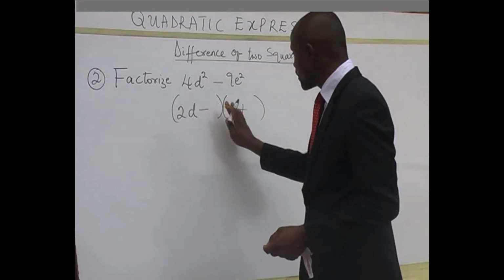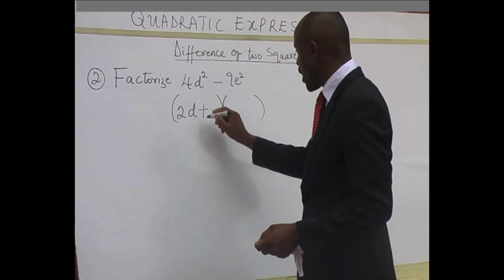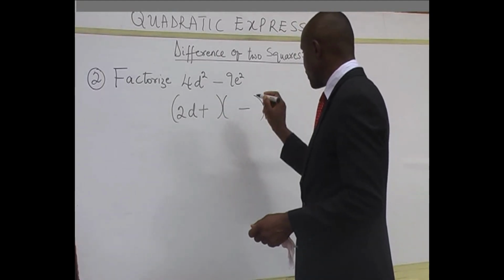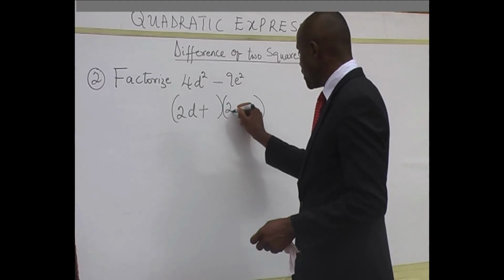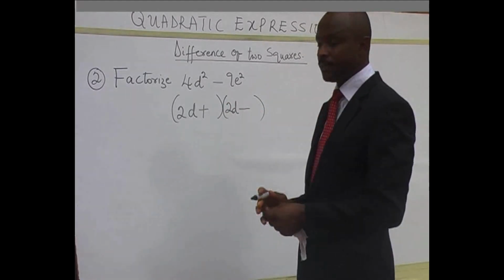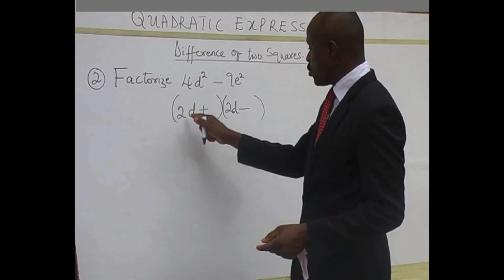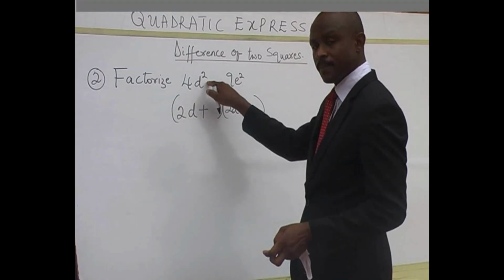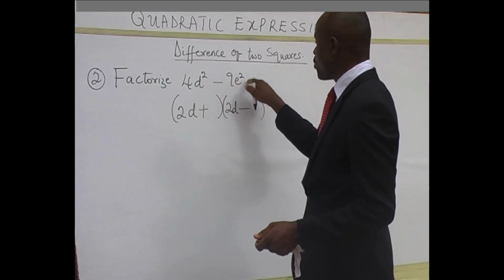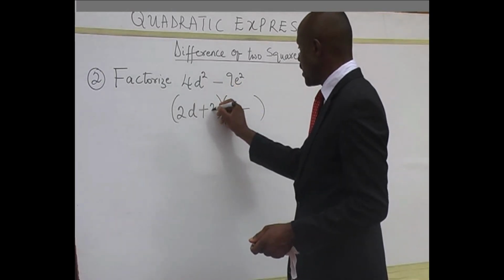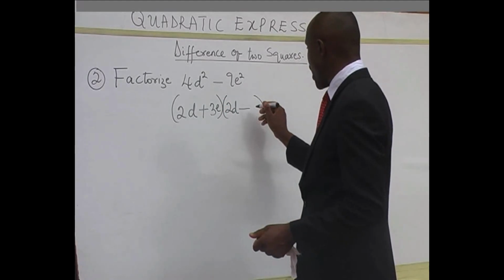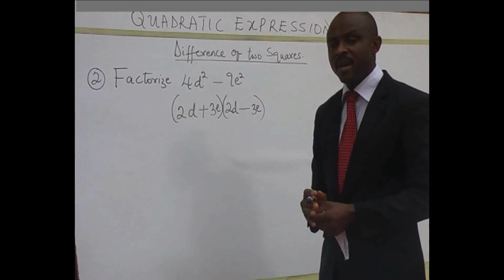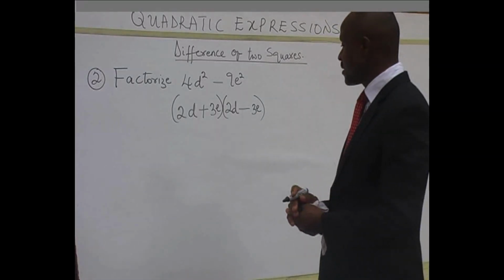You can say plus and minus. As we used minus and plus initially, let's use minus, plus, and minus. You also have 2d here. This 2d that I have spread into this is the square root of 4d squared. 9e squared has 3e as its square root. So you write 3e in the remaining parts of the brackets.